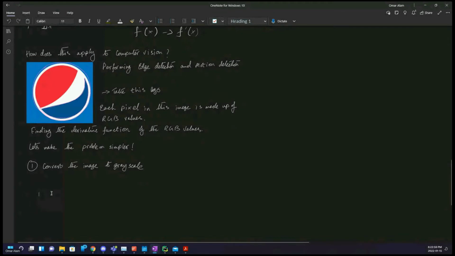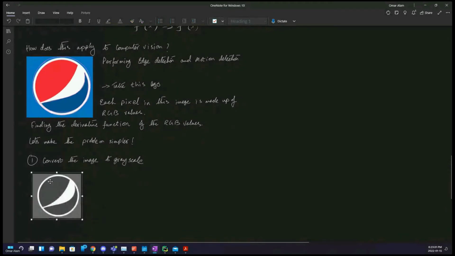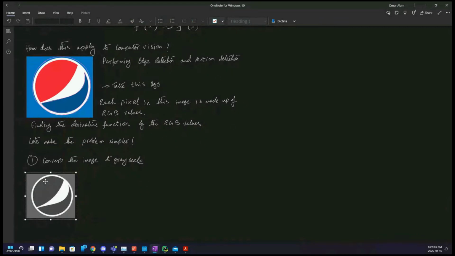So I will paste an image of the Pepsi logo in grayscale. As you can see, all of the edges in this image are still preserved. There's no loss of edges. You could still differentiate between them very well, and if you try to map them out into the RGB image, it would still map out just fine.